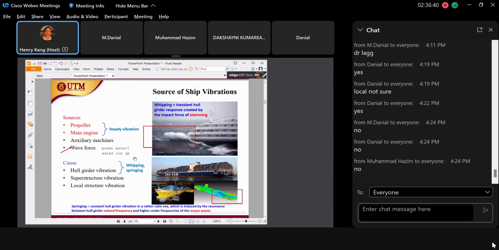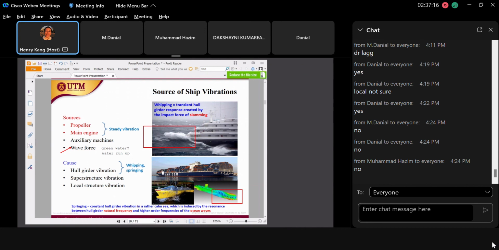Green water, because normally they paint the front deck green. That's why the deck color is green. So the water on the green deck is called green water. This is true, because my professor told me green water is like this. That's why they call it green water.